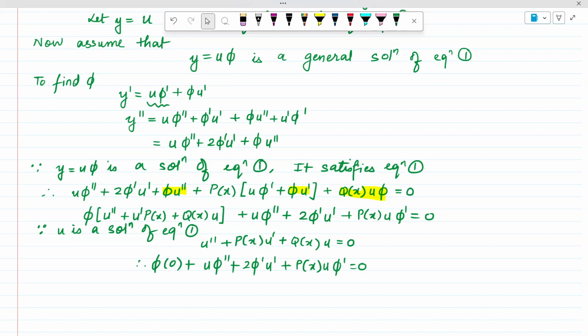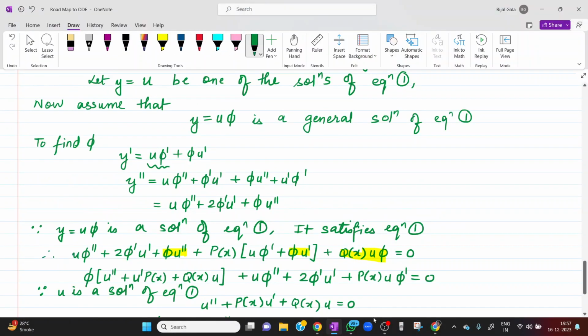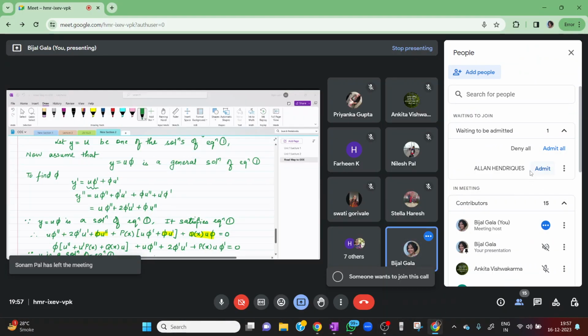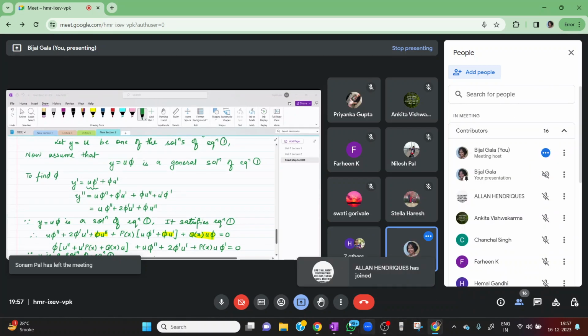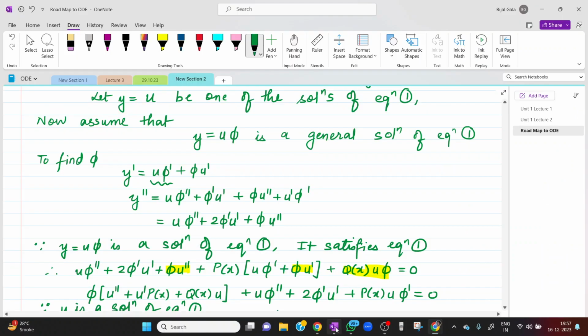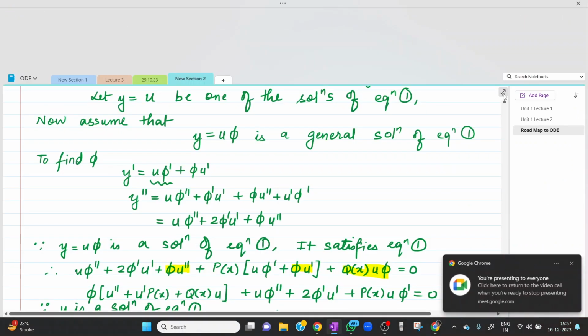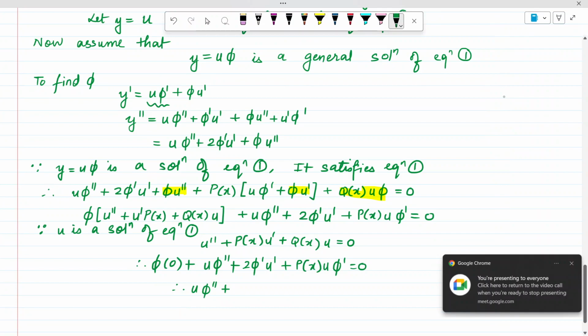So I will be left with u times phi double dash plus the remaining terms.